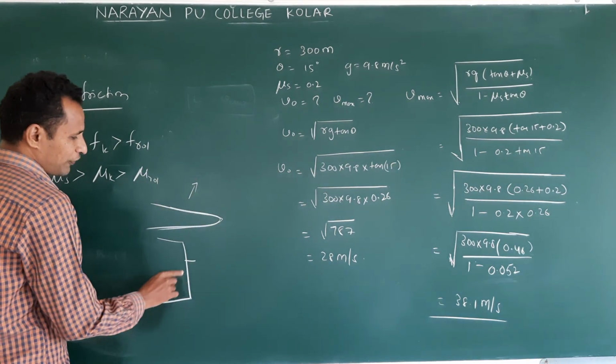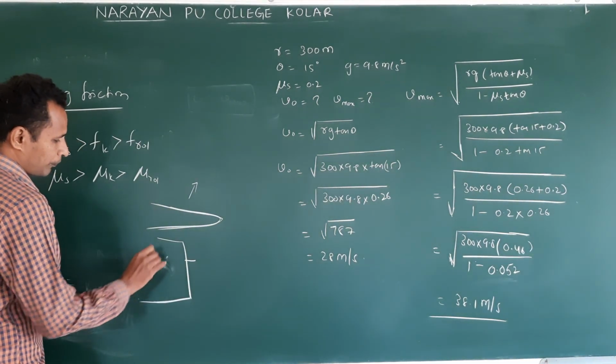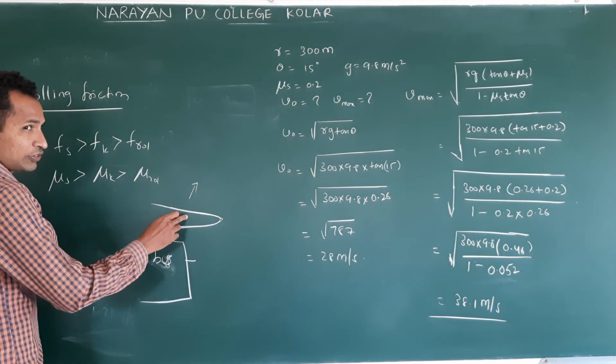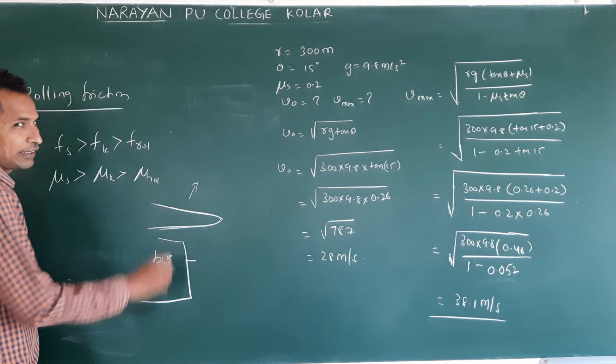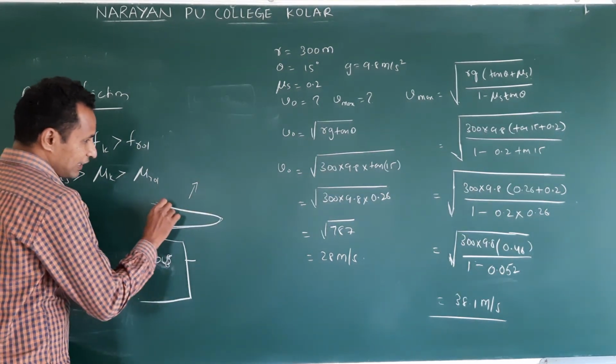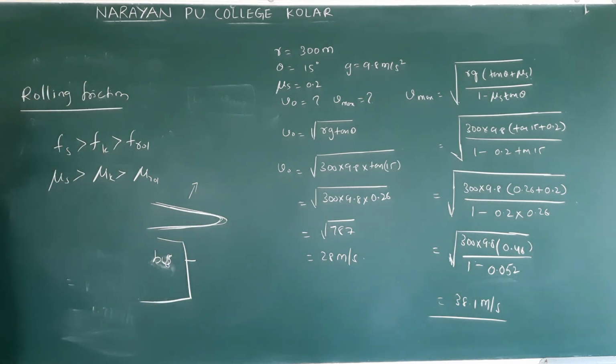Between a bullet train and a bus, which moves faster? The bullet train. So to avoid the resistance due to air, they construct it like this. We call this streamlining.